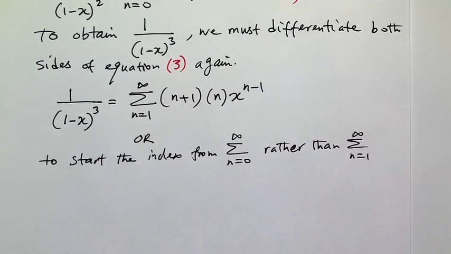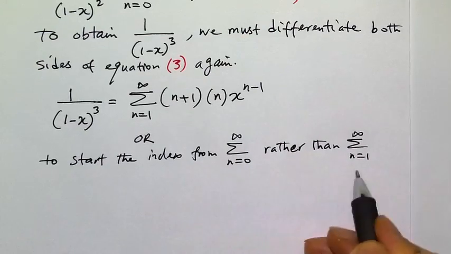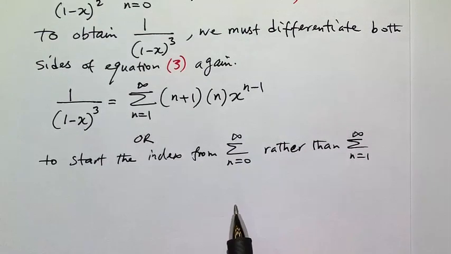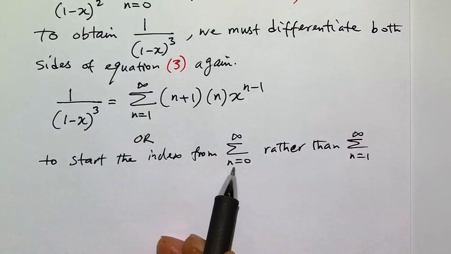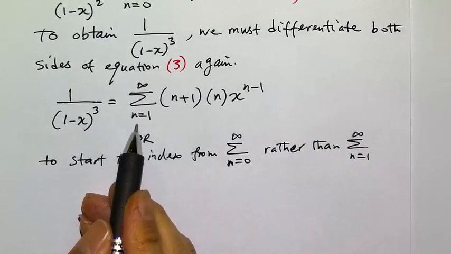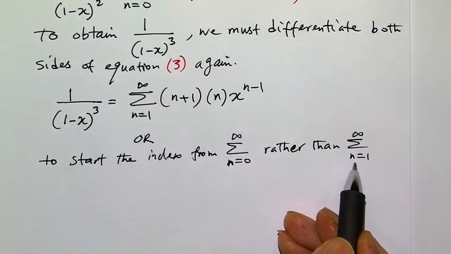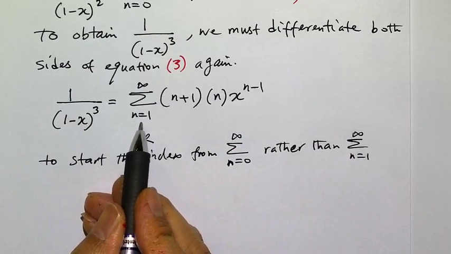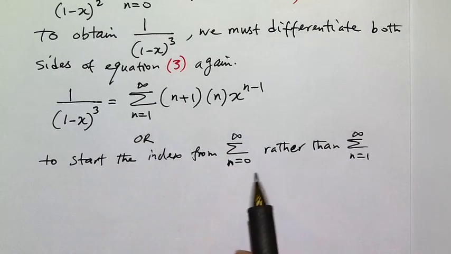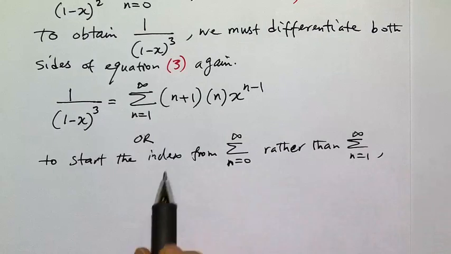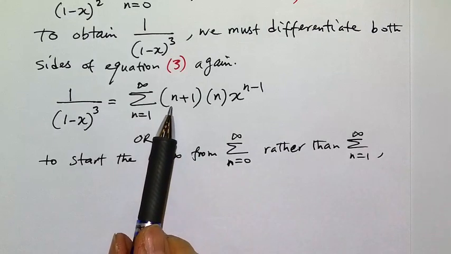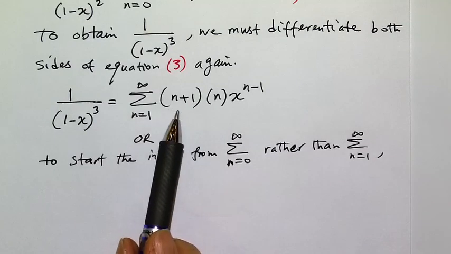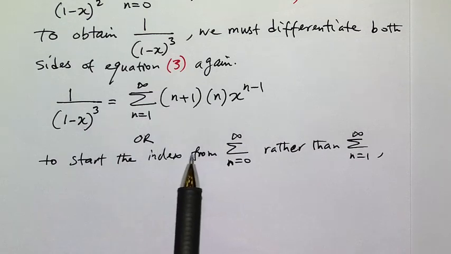And I forgot to bring my highlighters, otherwise I would have highlighted here and here. So we want to start the index from n equals 0, and right now it's 1, rather than starting from 1, which is happening right now. So to do that, replace every n with n plus 1.